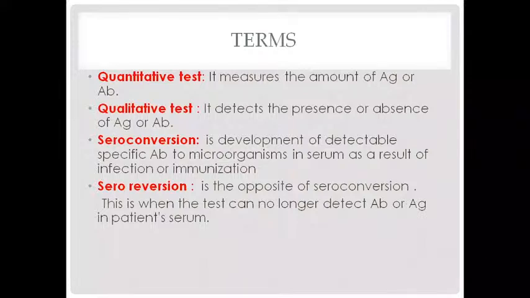Now, seroconversion is the development of a detectable specific antibody to a microorganism in serum as a result of infection or immunization. As I said earlier on, when somebody is showing seroconversion or you can detect the antibodies, it does not mean this person is infected. It could be he's vaccinated for the particular disease and is producing antibodies because of the vaccine.